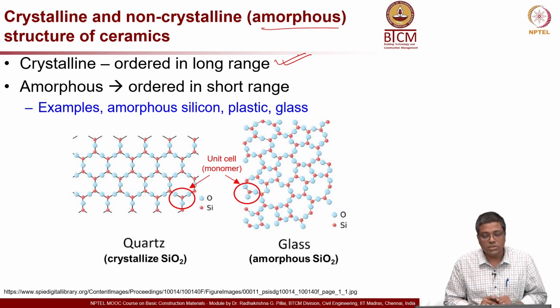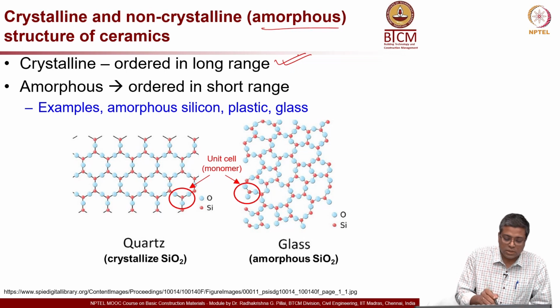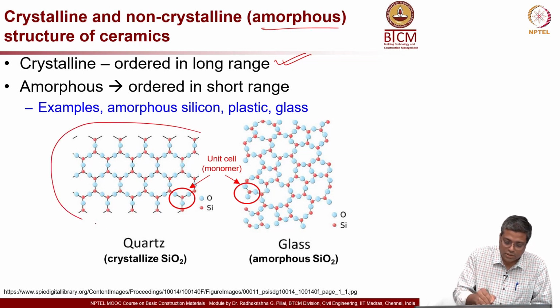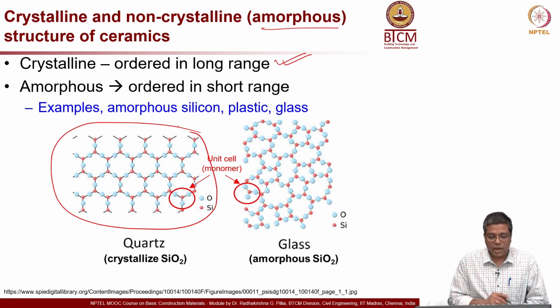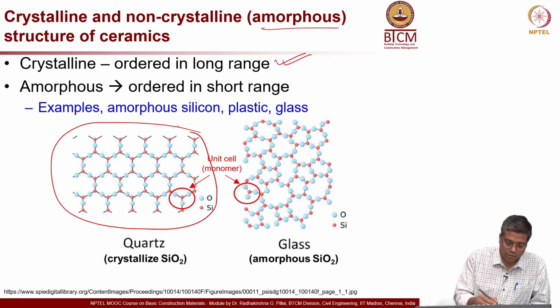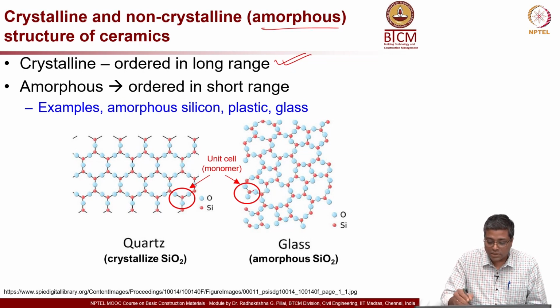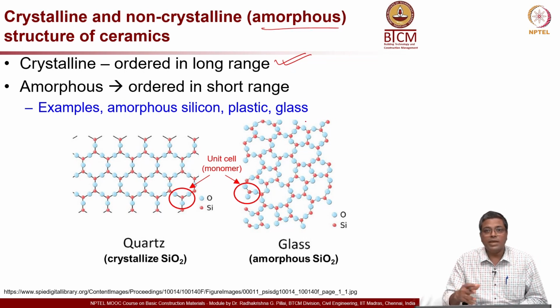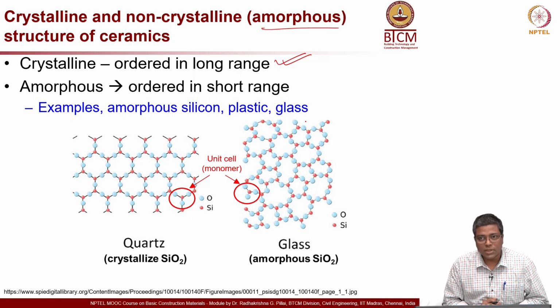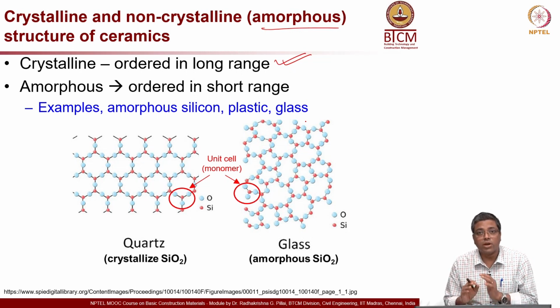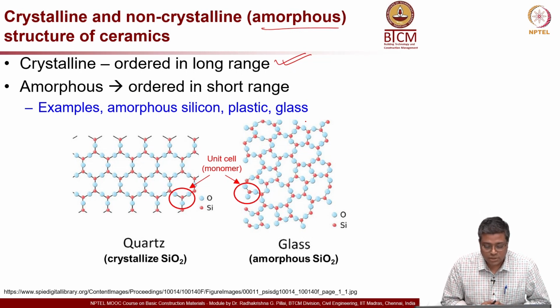So, look at the first sketch below. You can see that the entire sketch is in a well ordered manner. Whereas, if I look at the right one, I see not really an ordered structure. So, that is more of an amorphous or a non-crystalline structure.